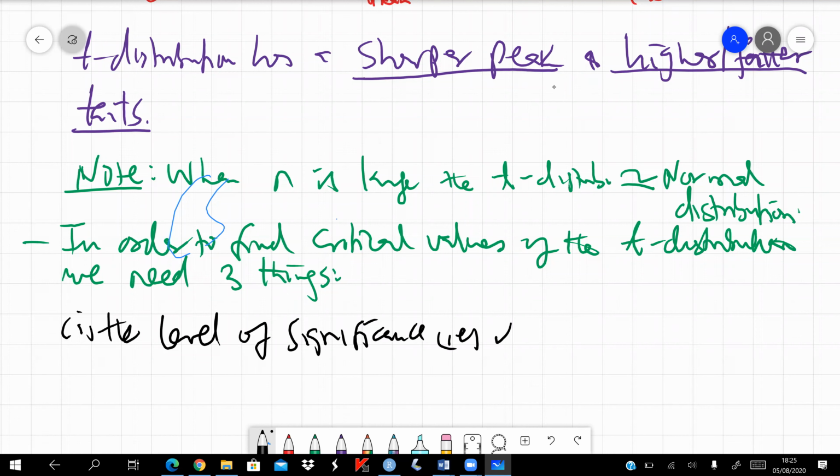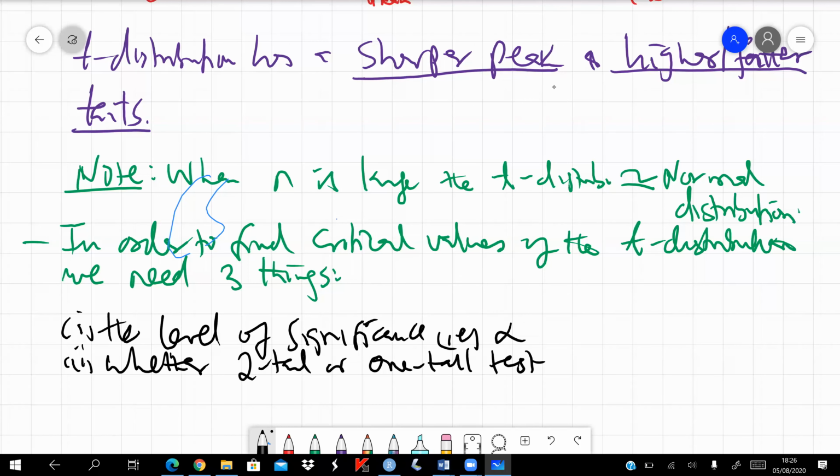That is alpha. Alpha will always be given, and if it's not given, you just choose 5% in most cases. So that is easy to see. Number two, you need to know whether it's a two-tail or one-tail test.